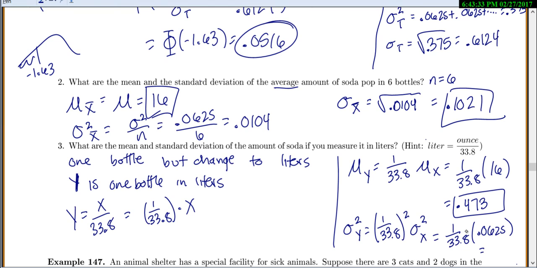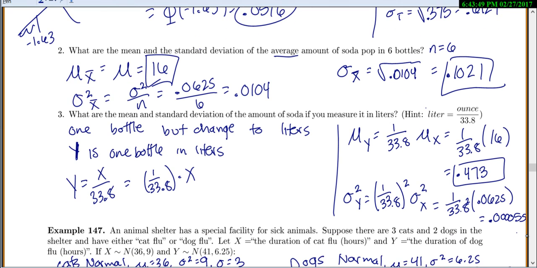Oh, I didn't square that when I wrote it down again. So this one is pretty small, 0.00055 is my variance.